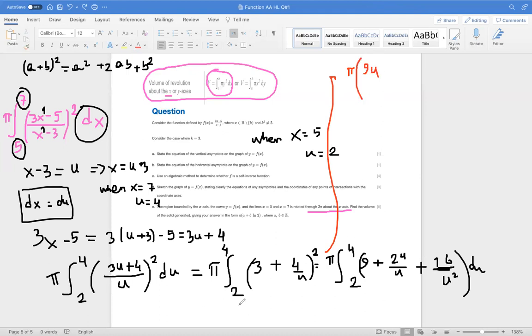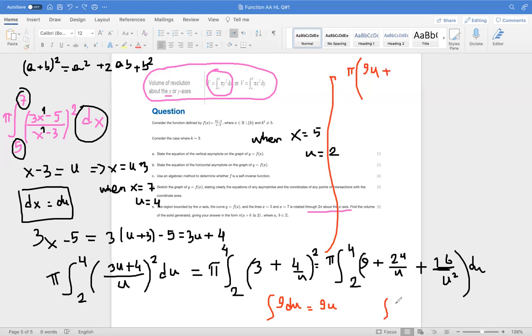Because just to recall, the integral of 9 du is 9u, 9 is a constant number. Move this outside of the integral. D and the integral sign cancel each other. We get u. So plus 24.